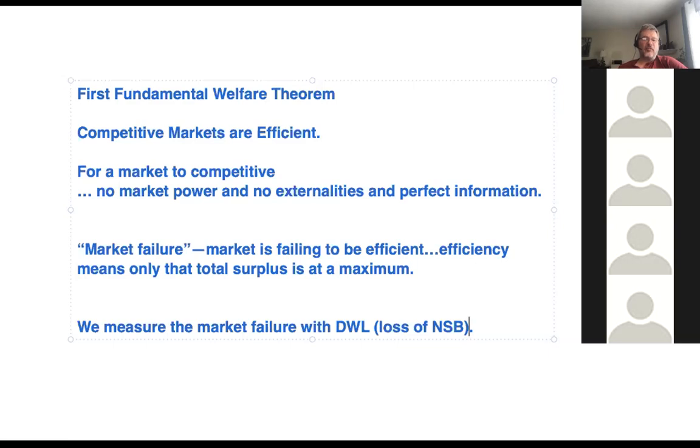Sometimes smaller inefficiencies might be tolerated for what we'll just label political reasons. Not saying they're not good reasons, just saying they don't have directly to do with economic issues, and that happens sometimes too.